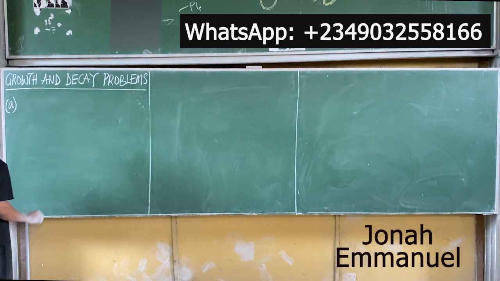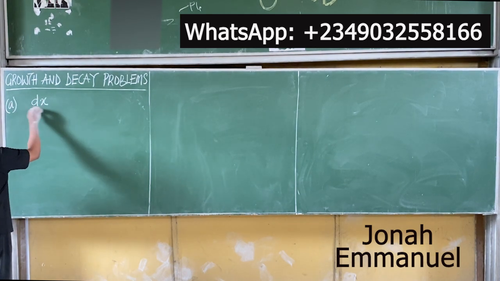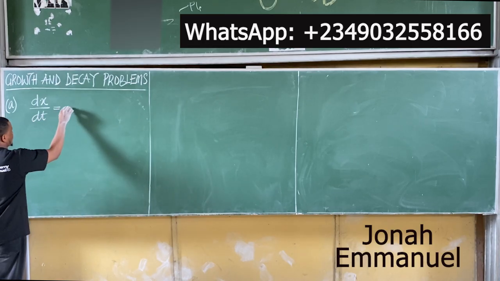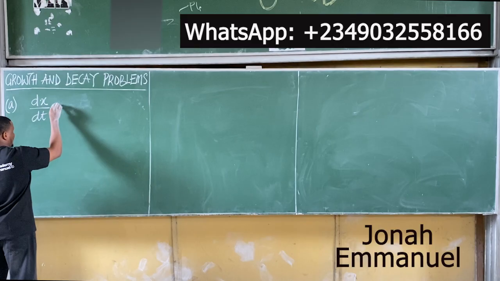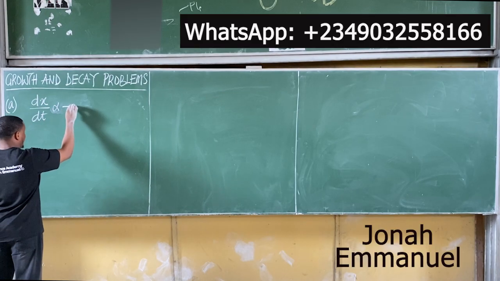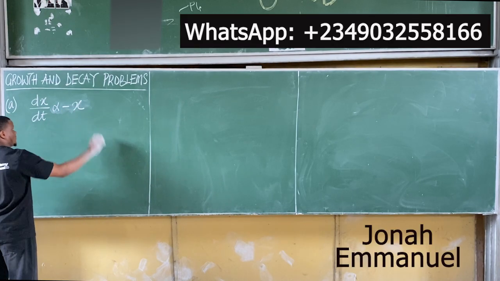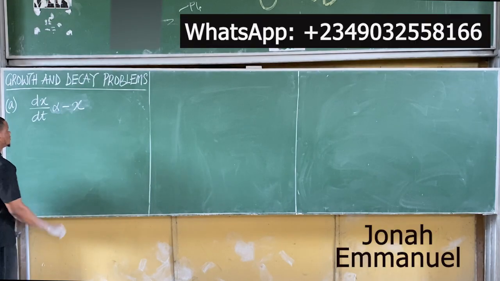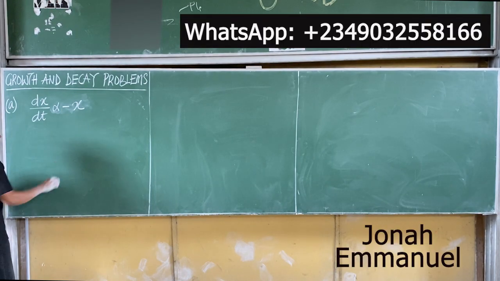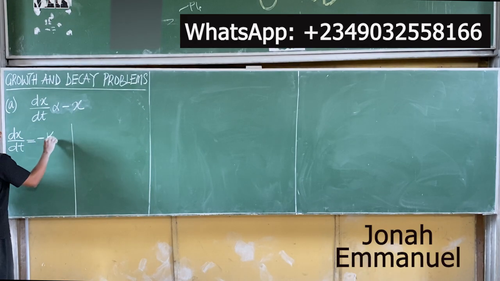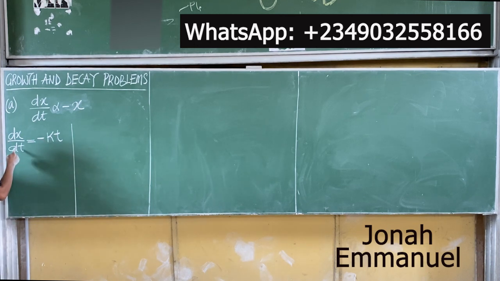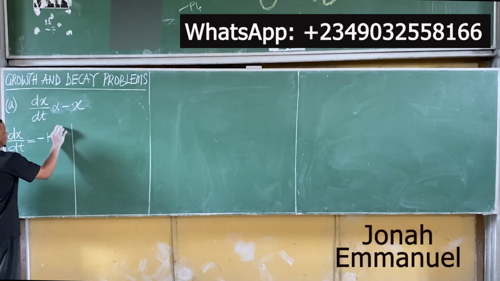It is decaying at a rate, so dx/dt is equal to minus kx. X is decaying, so it is negative.